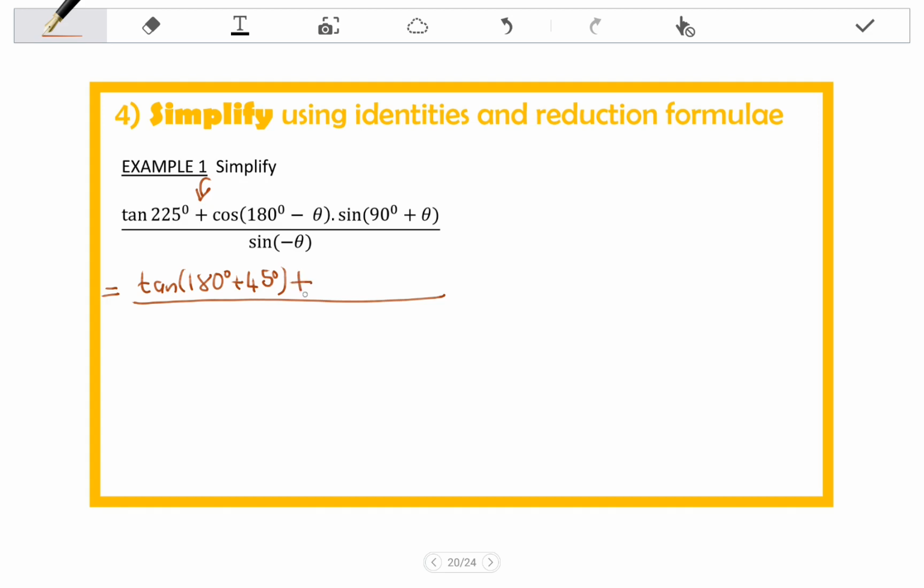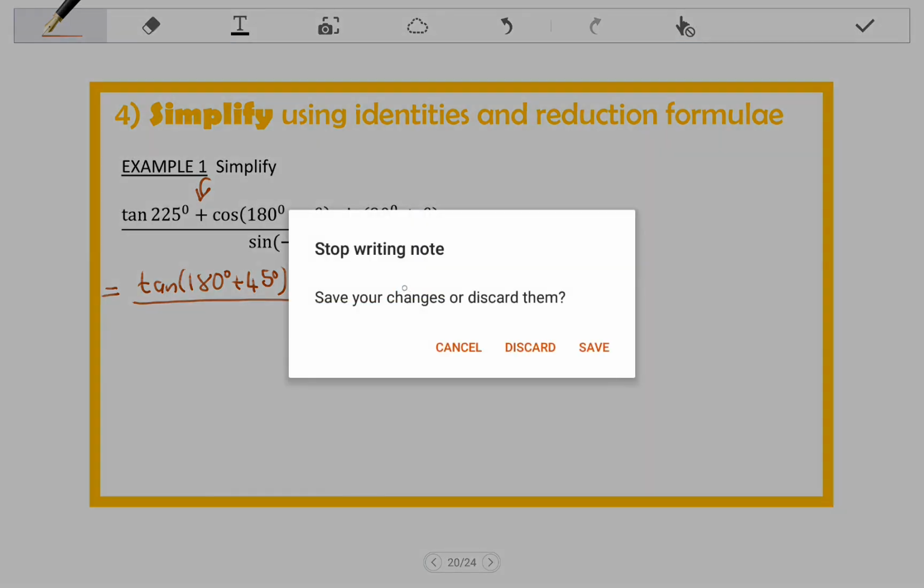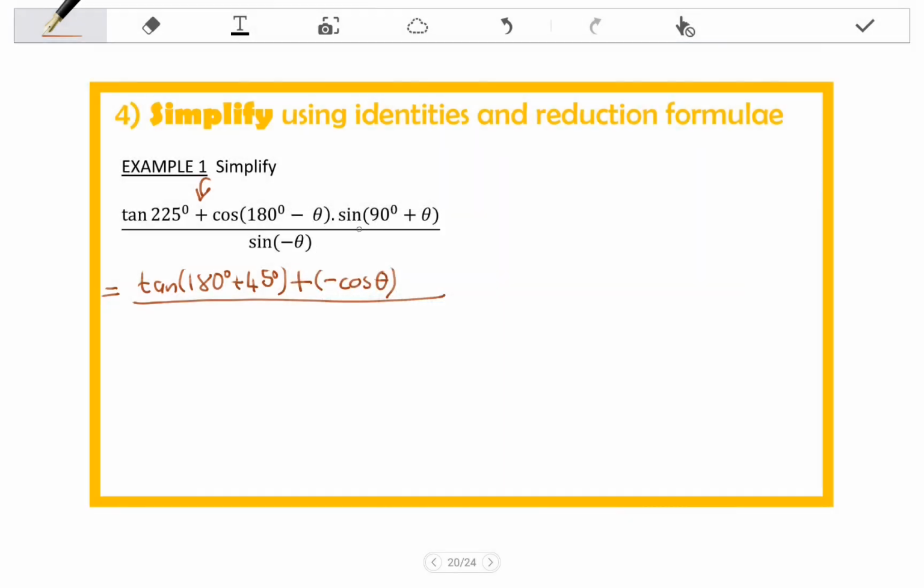Okay, plus, going to the next trig function, cos of 180 degrees minus theta. This angle is in the second quadrant, in which cos is negative, so it reduces to negative cos theta. Okay, times sine 90 degrees plus theta.